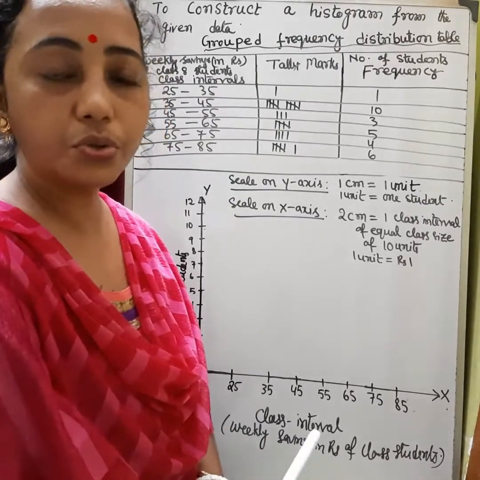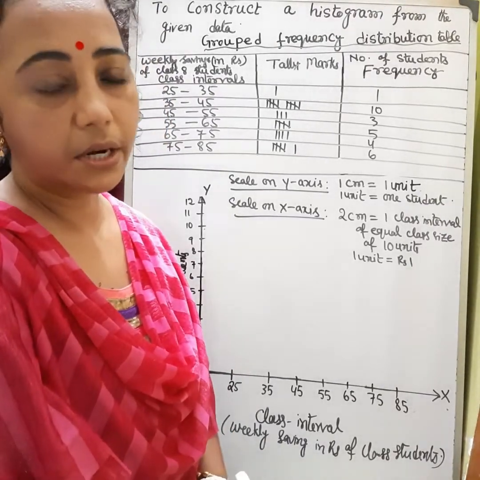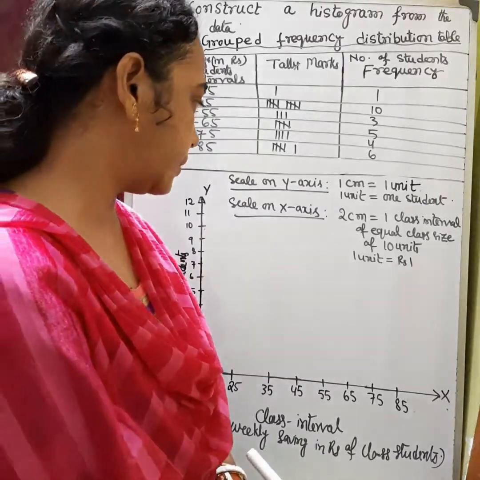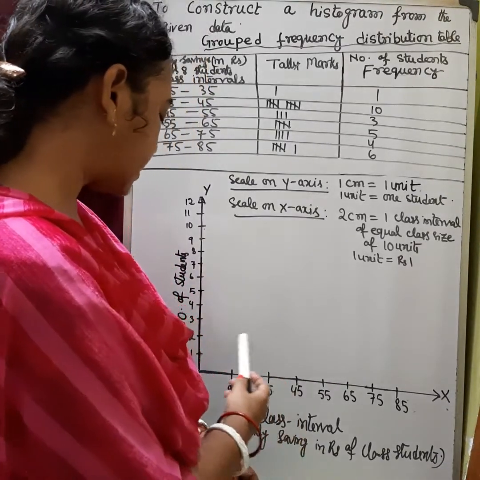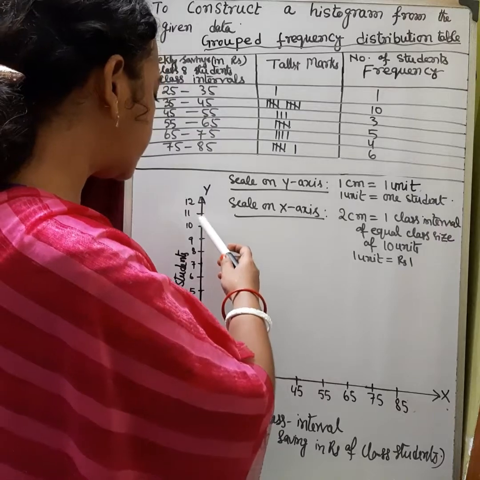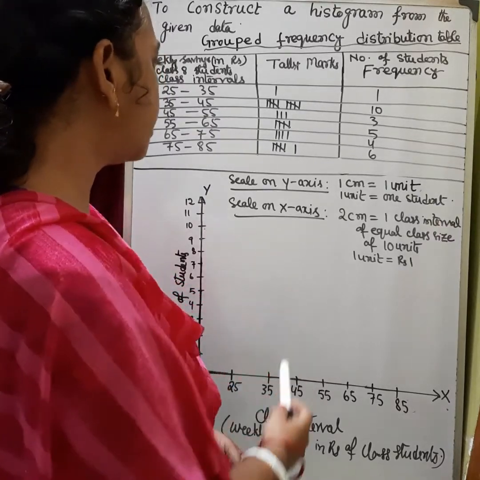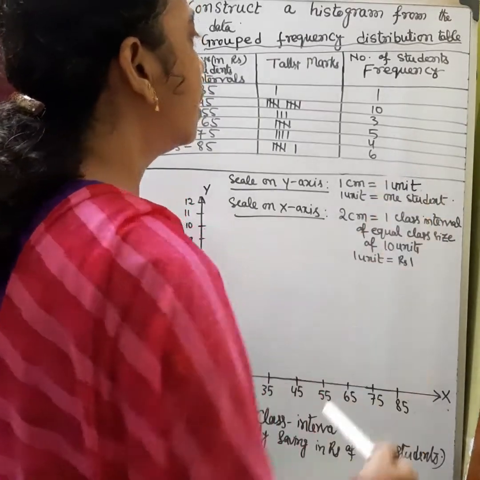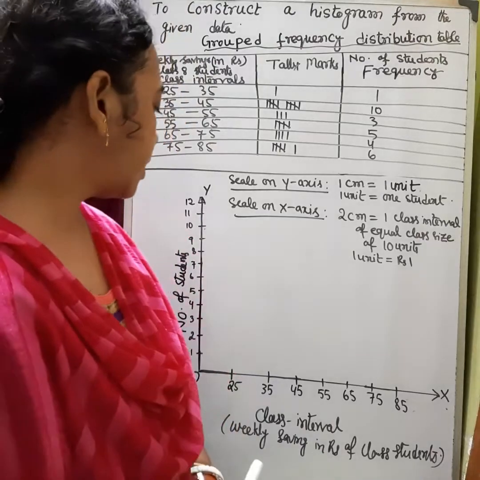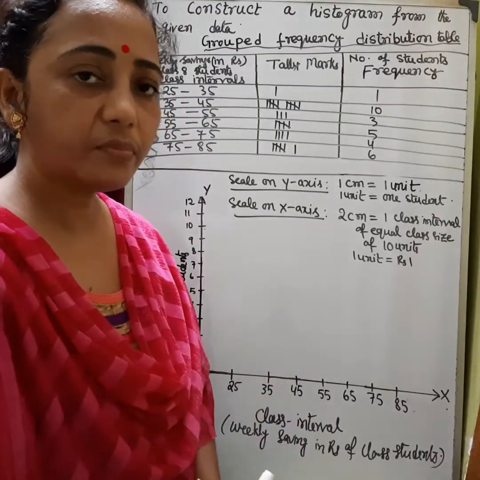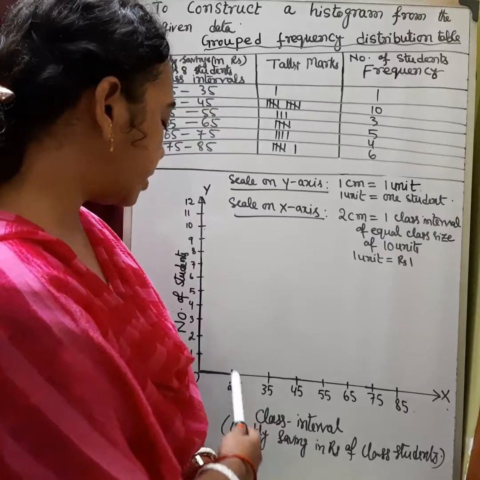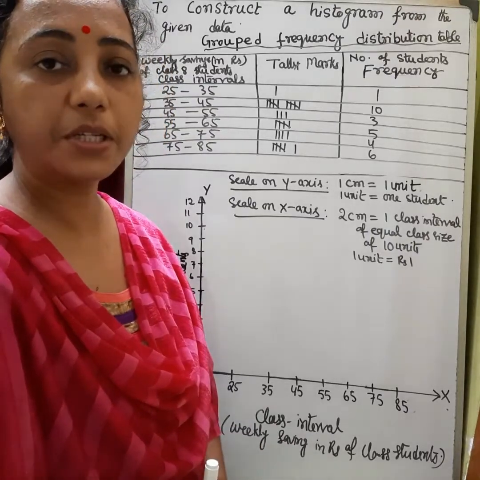So if it is 2 units, that means 2 students. We mark the points as 1, 2, 3, 4, 5, 6. We will mark more than 10 units because the highest frequency is 10. Here it is shown up to 12, where 1 unit is 1 centimeter length.